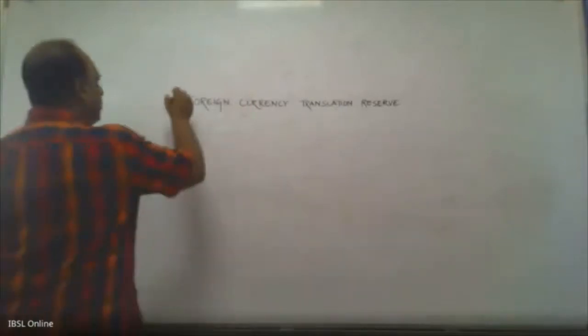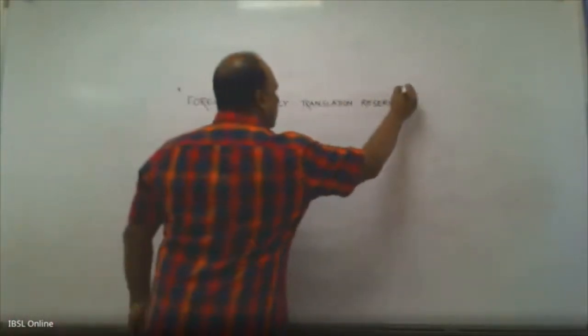What you see on the board: foreign currency translation reserve, in equity.